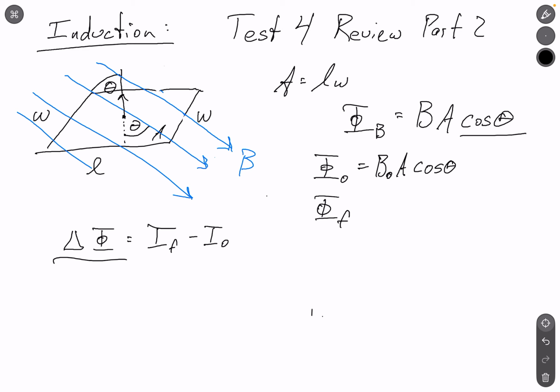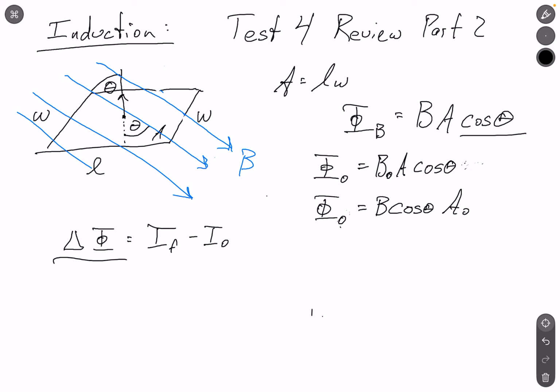But we could have an initial, we could say, or in fact, I want to get rid of this. Okay, that didn't take long. Okay, we could have initial B because the B field is staying constant and the angle is staying constant, but the area is changing.